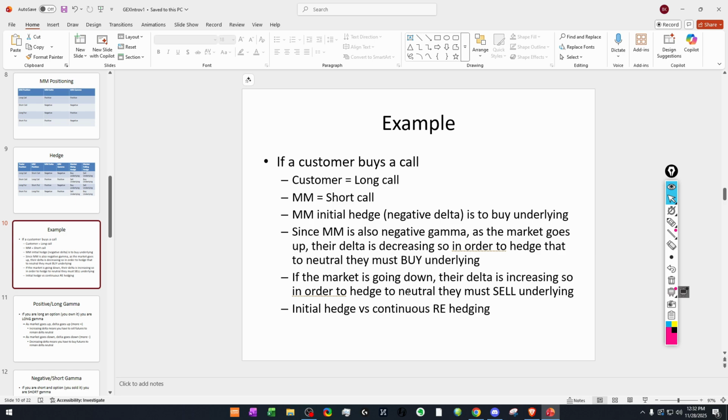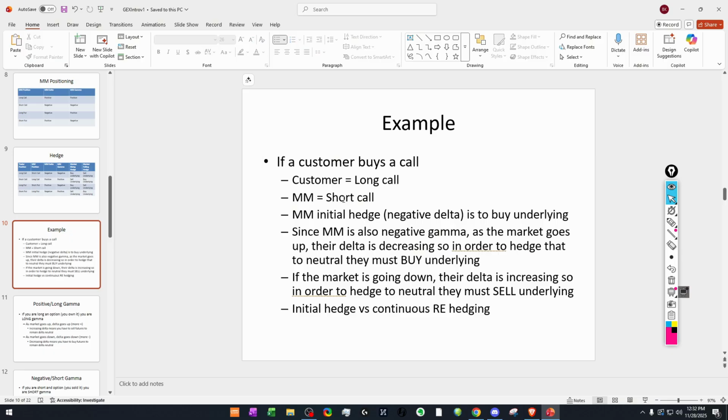There's two different ways the market maker hedges. At the time of the trade, that's what they call the initial hedge. So if a customer is long a call, means the market maker is short the call. So the initial hedge is to buy the underlying. And that's because short a call, that means they have negative delta. So in order to get that back to neutral, they have to buy the underlying.